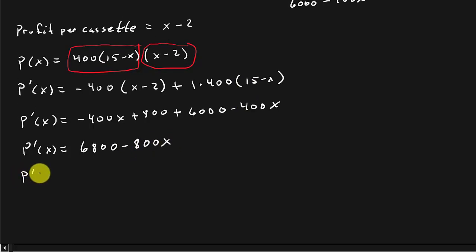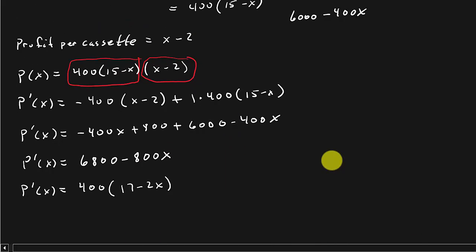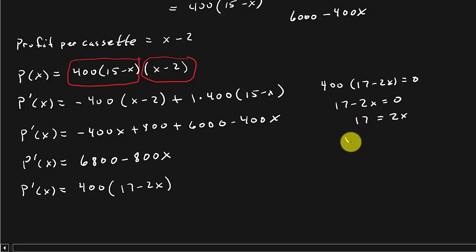And so P prime of x, well, I can factor out a 400, and that would leave me with 17 minus 2x. Okay. And so now let's just come up here. If I take the 400 times 17 minus 2x and set it equal to 0, well, that's 17 minus 2x equals 0. 2x equals 17. x equals 8.5.